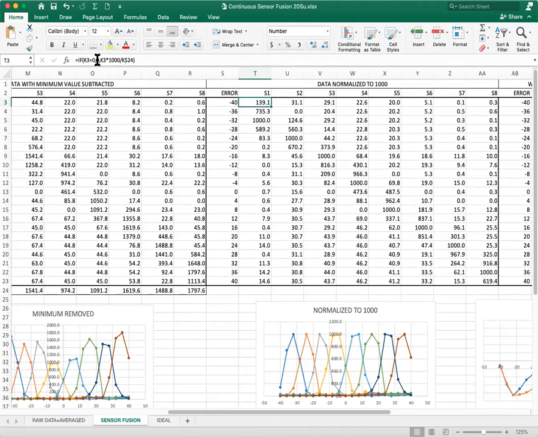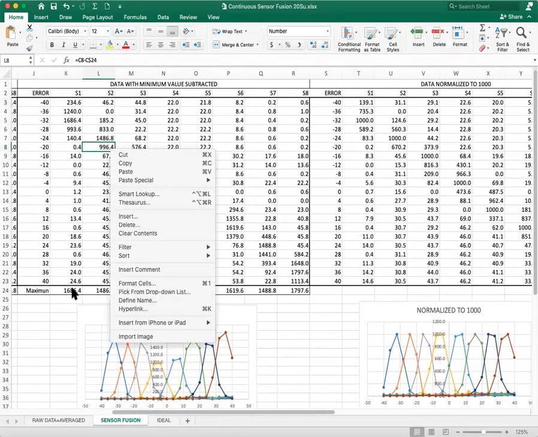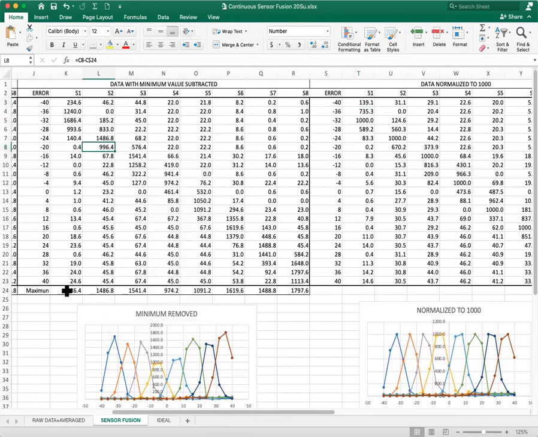If you don't want to divide by 0, so if it's 0, it's going to be 0. So then K3 times 1,000 over K24. Well, K24 is this guy right here. It's the maximum. So we are taking this value, K3, which is right here, and we are saying, okay, we're going to multiply this by 1,000 over this guy.